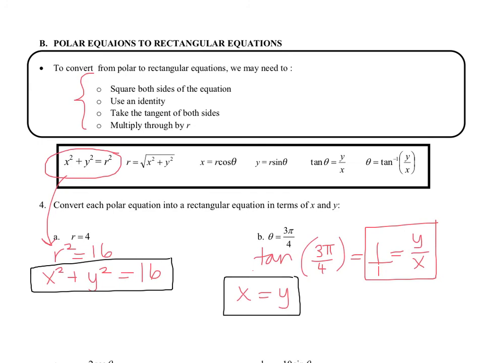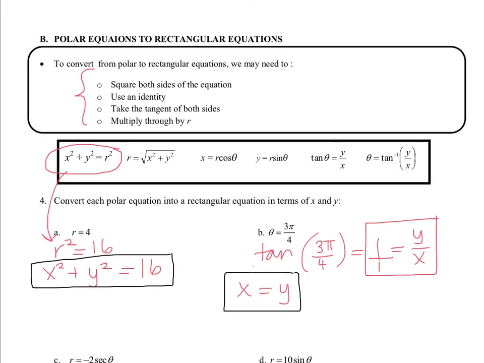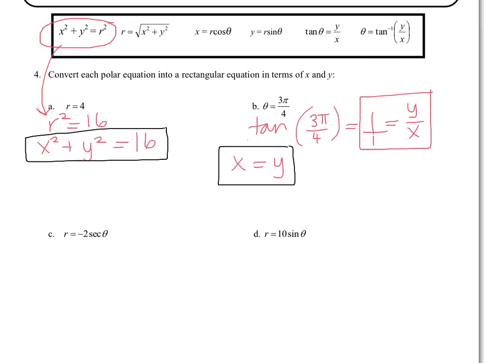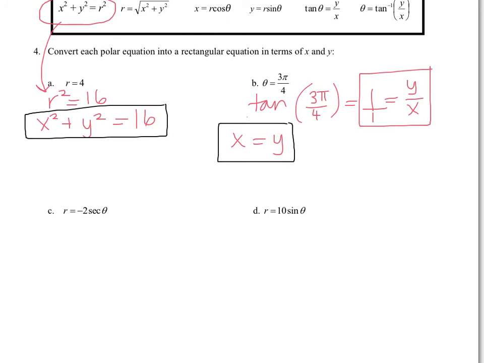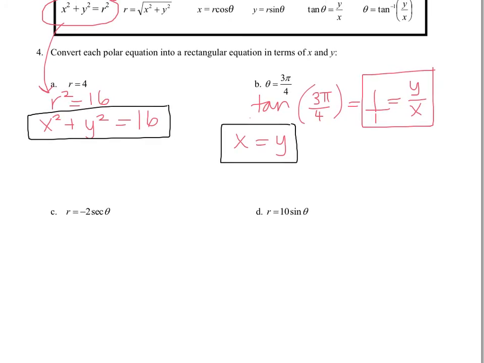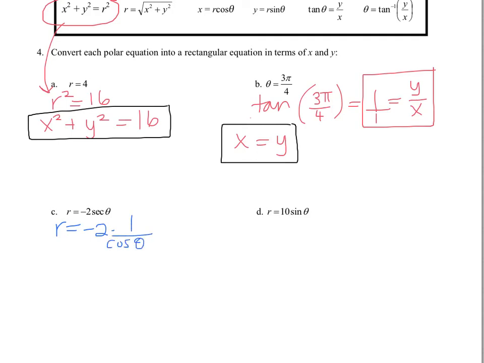We're going to look at 2 more. These ones are a little bit more complicated, but not too much harder. So r equals minus 2 secant theta. Since I don't have any formulas that involve the secant, I'm going to rewrite this as r equals minus 2 times 1 over cosine theta.